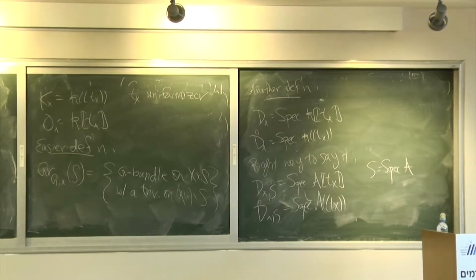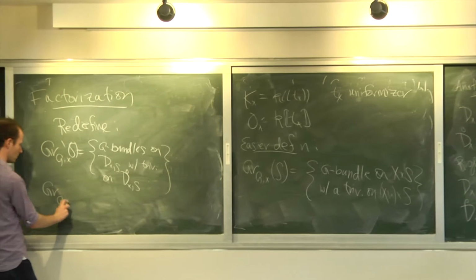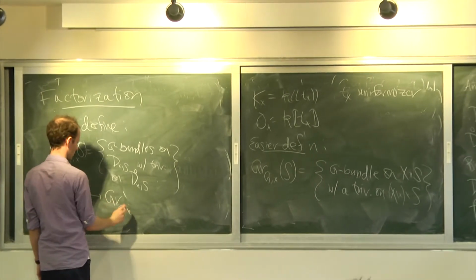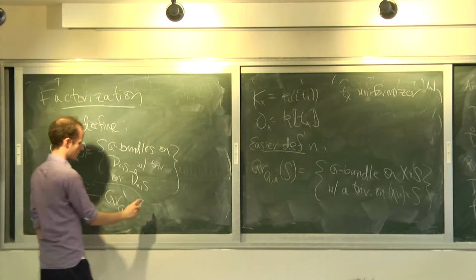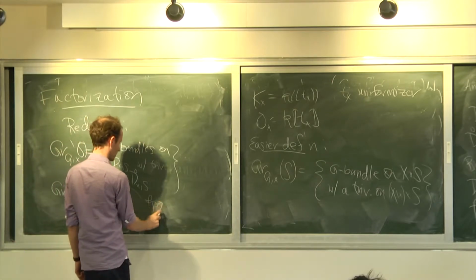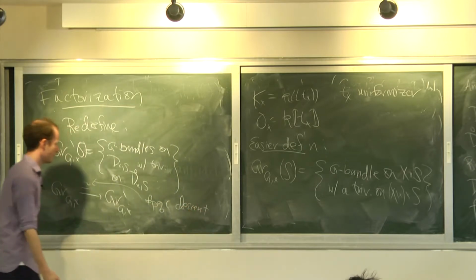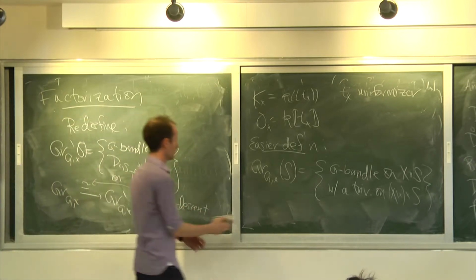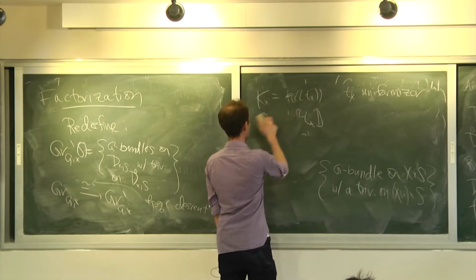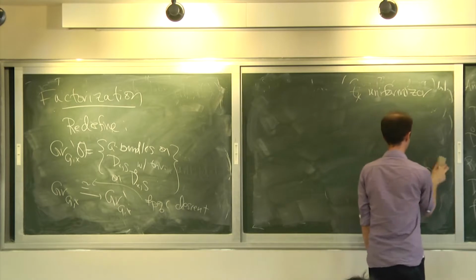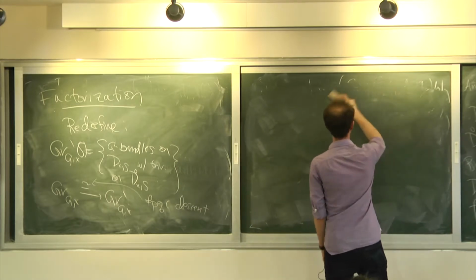There's a clear map like this. And the fact that it's an isomorphism is FPQC descent. People often call this the Beauville-Laszlo theorem, which is just a helpful way of organizing the notion of what's going on.